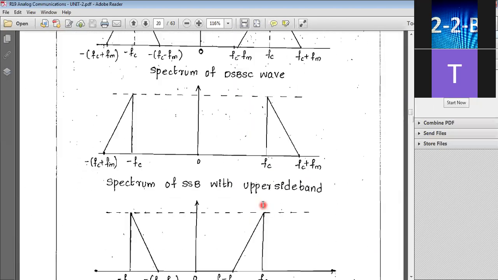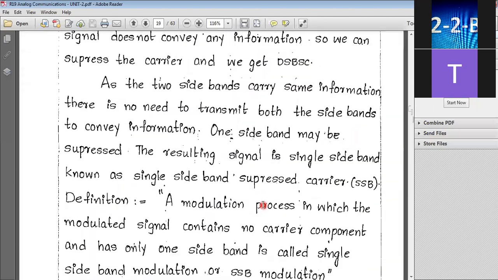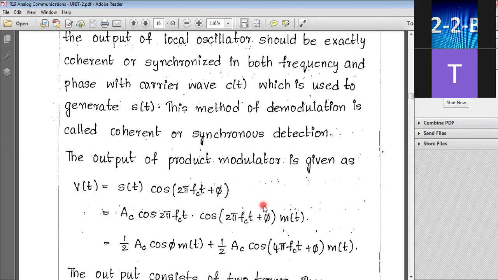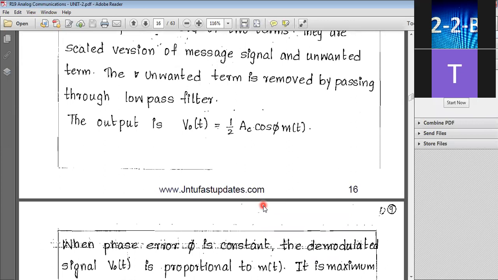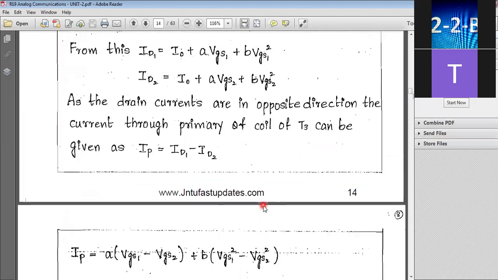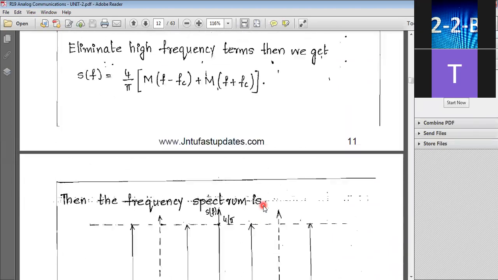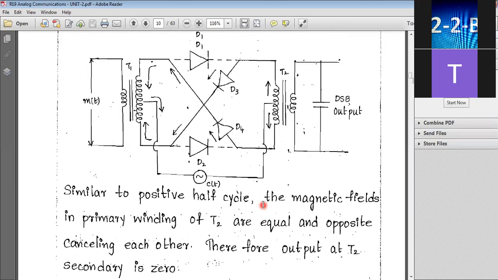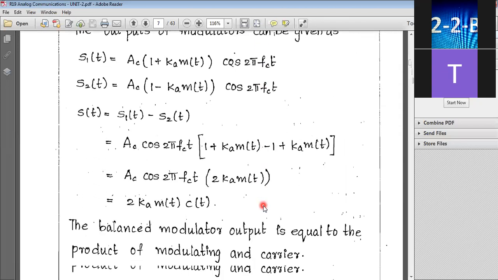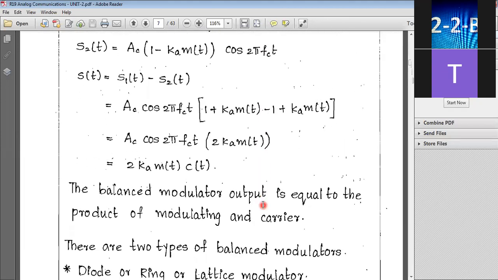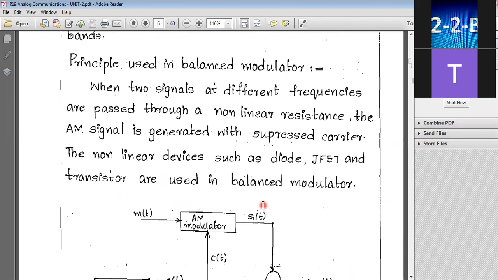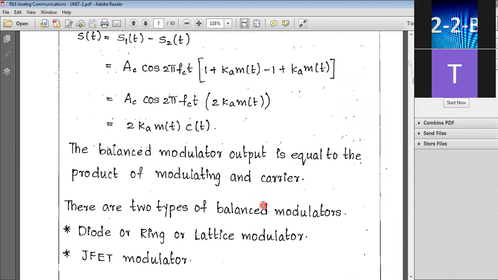Coming to DSB-SC, what is our final signal?